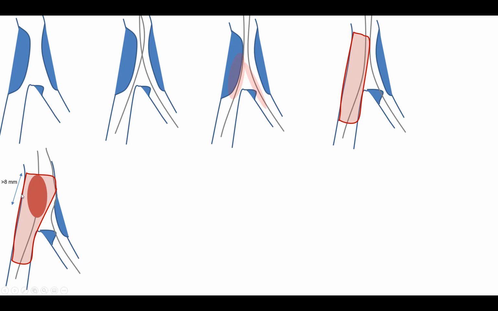By the way, your stent should extend into the proximal main branch by at least 8 millimeters, simply because the balloons we have available are at least 8 millimeters. So in order for you to do a POT and not extend that balloon into the distal vessel, you need at least an 8 millimeter extension of the stent in the proximal main branch.